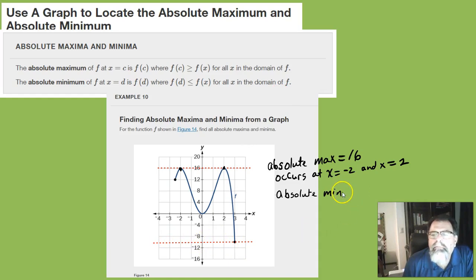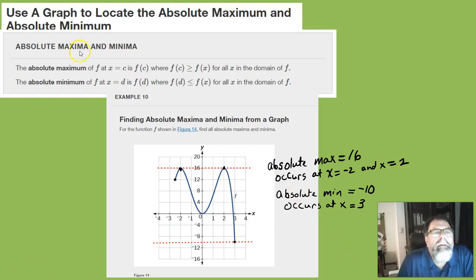So the absolute minimum is -10, and it occurs at x equals, what's the x coordinate here? 3. Right? So that's the way you would do that one for absolute max and minimum.